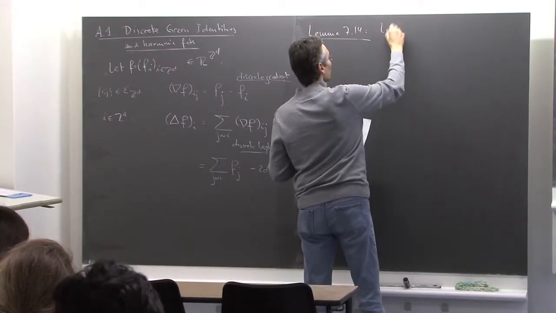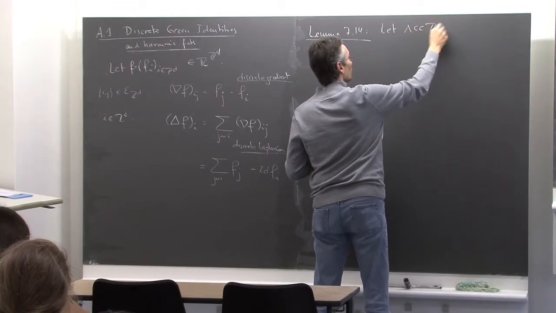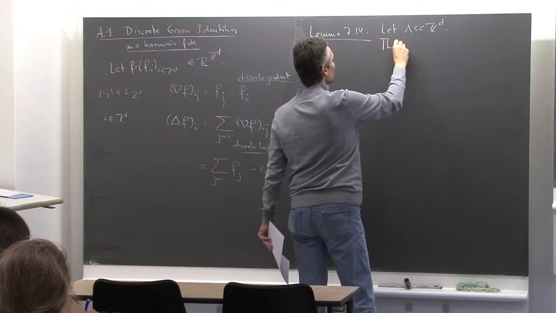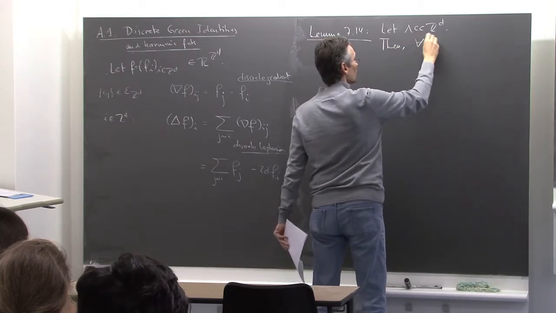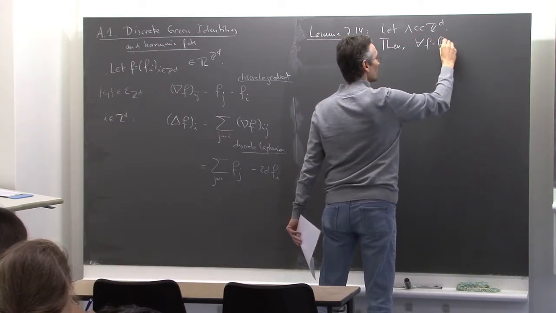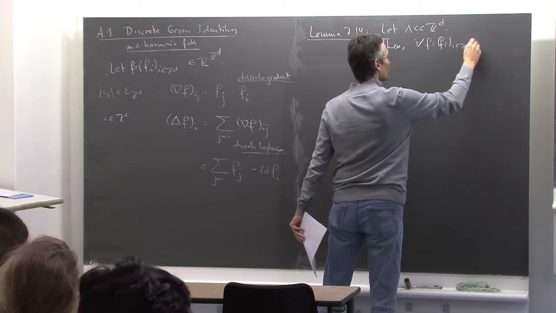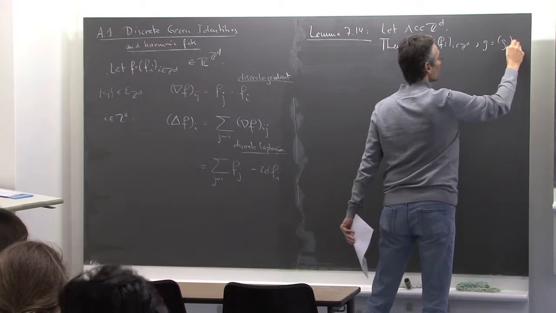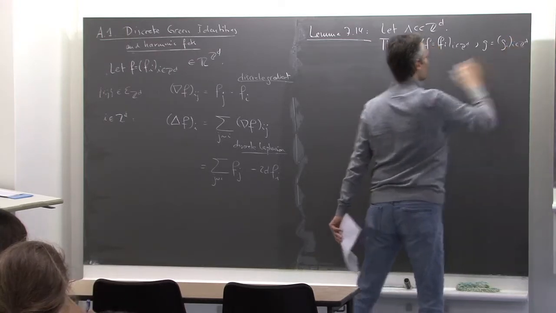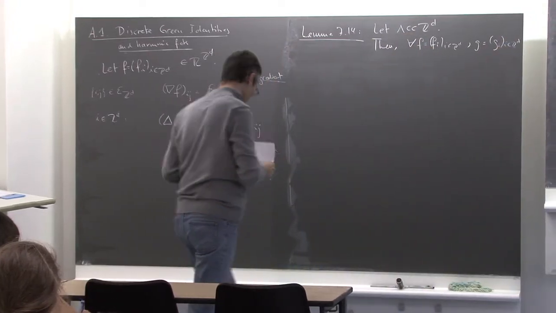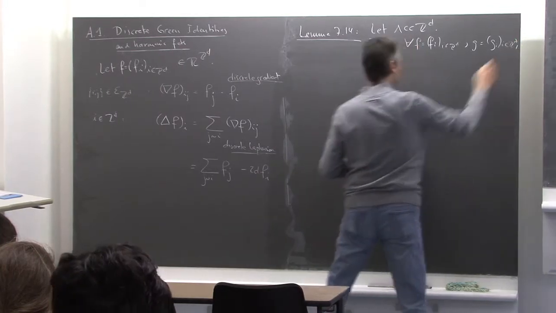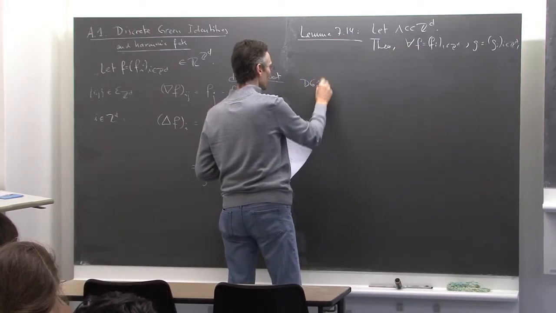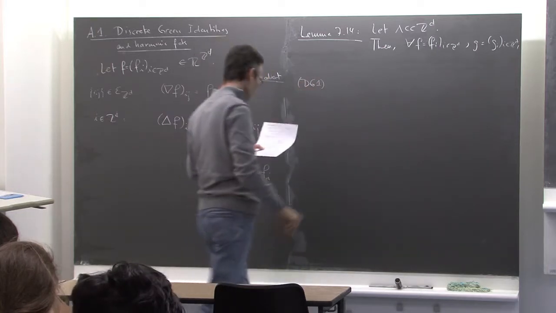So let lambda be a finite subset of Z^d. Then, for any collection F and G of real numbers, as before, we have the following two identities. Let me call them DG1 and DG2, discrete Green identity 1 and 2.